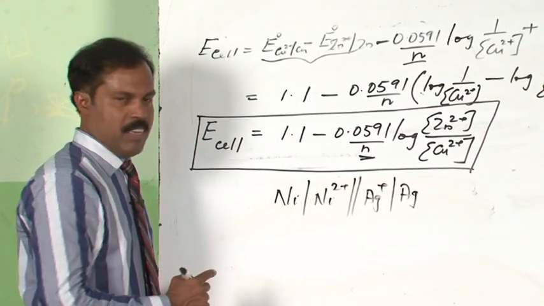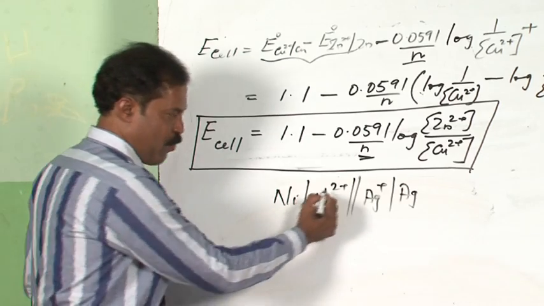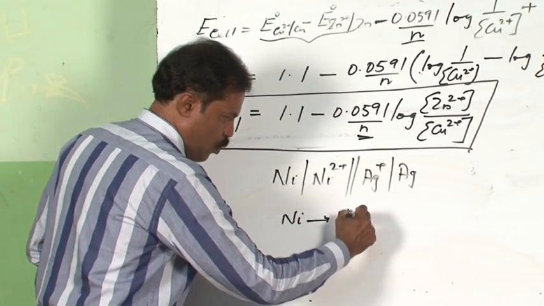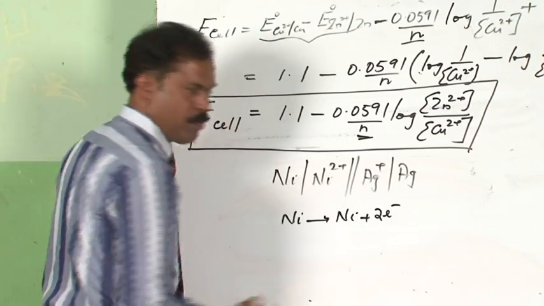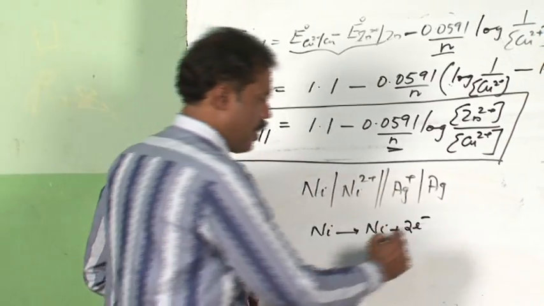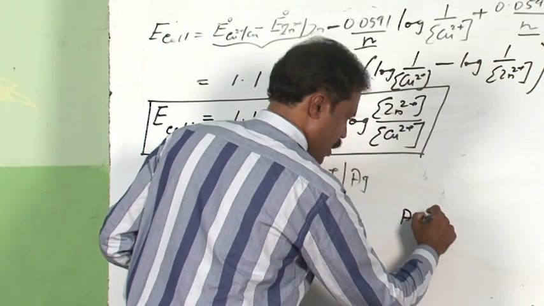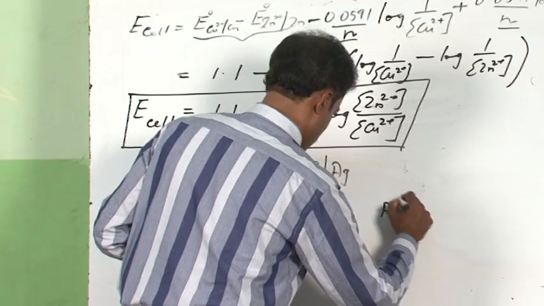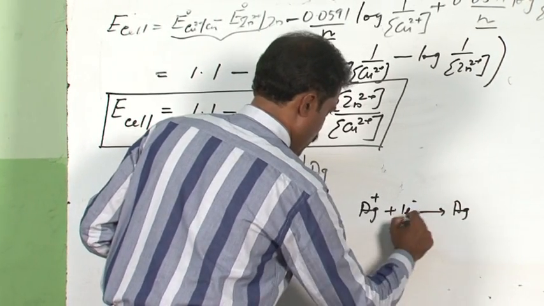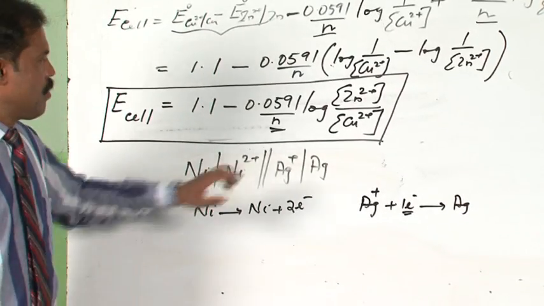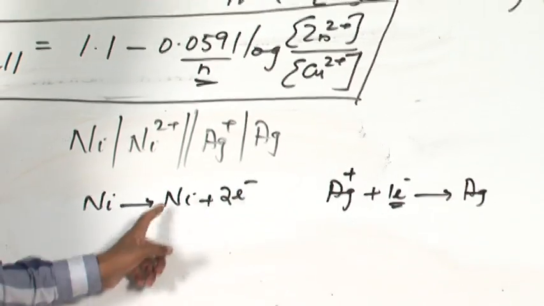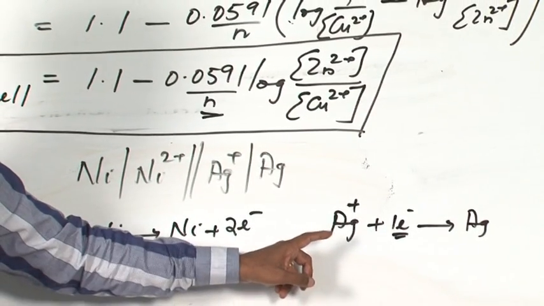Now in this particular case, you can note the number of electrons in the case of nickel is 2, because the oxidation number of nickel is plus 2, and the number of electrons in the case of Ag+ is 1, which means when you write the Nernst equation, this n is not same for both the half cells.